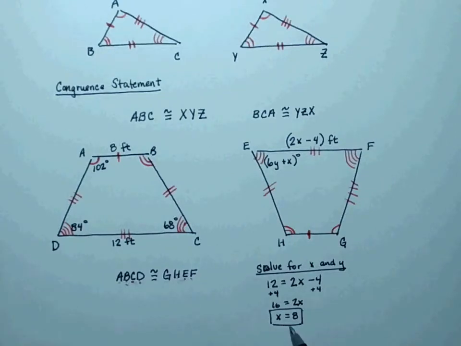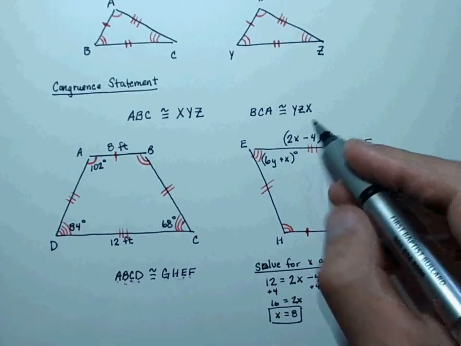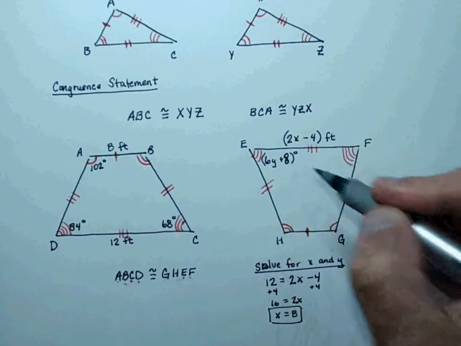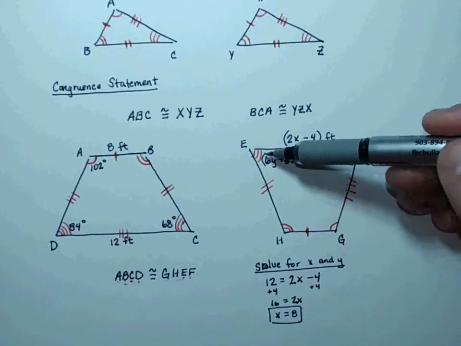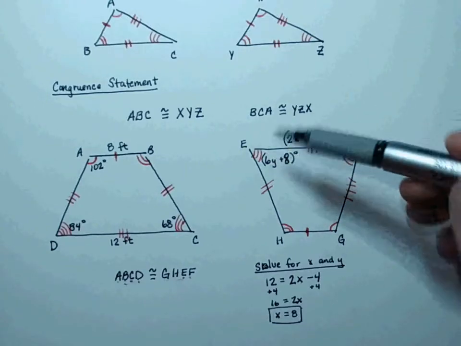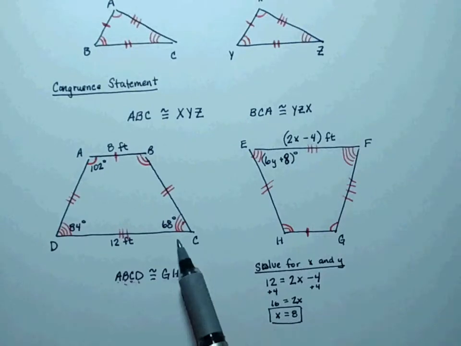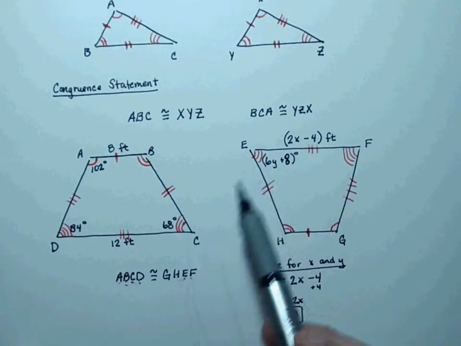Now that we know that x equals 8, in place of x, I can make that an 8. And now, let's find what angle E corresponds to. It corresponds to angle C. Since they correspond, they've got to be congruent.